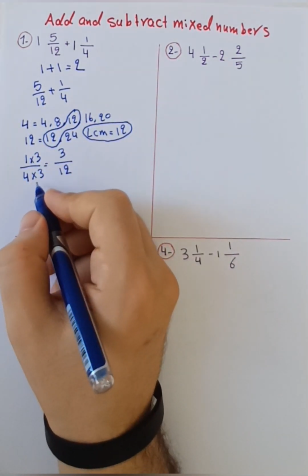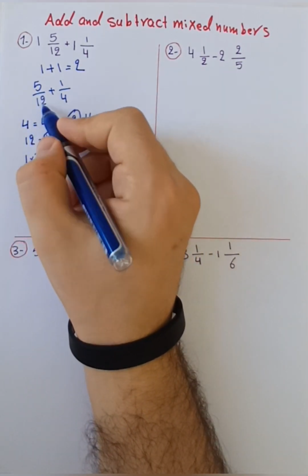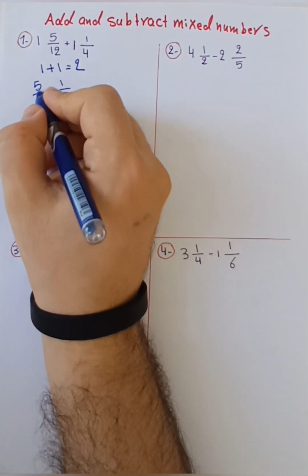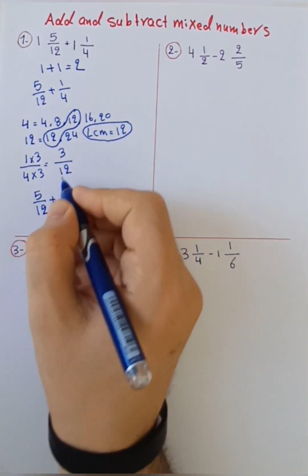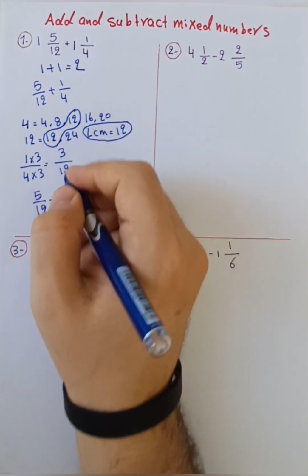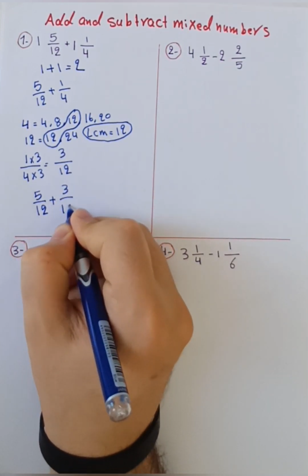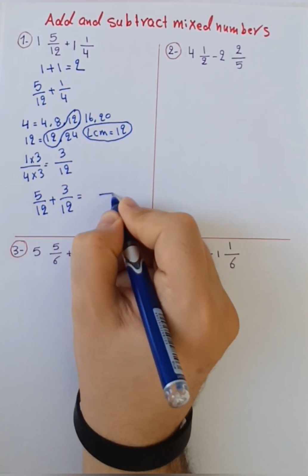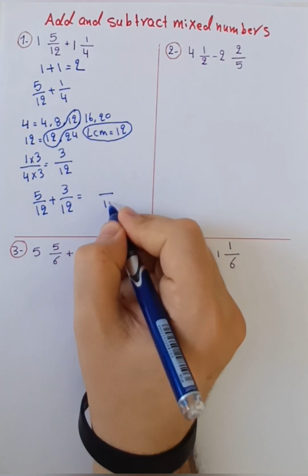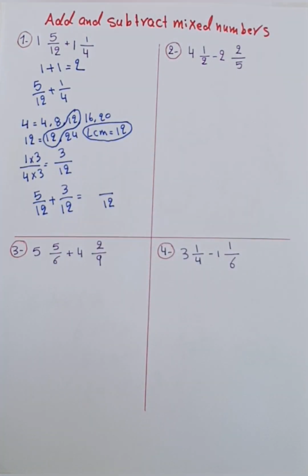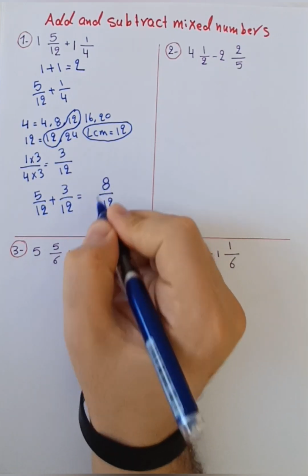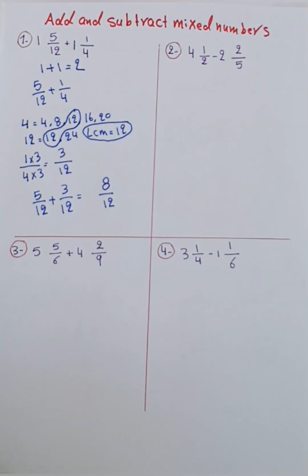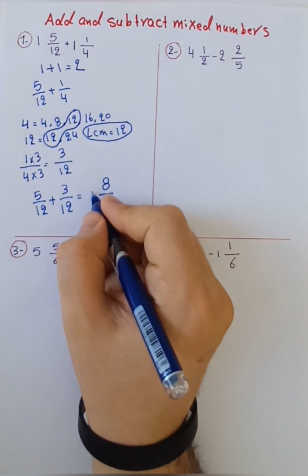After that we have to add with 5 out of 12. So we have 5 out of 12 plus 3 out of 12. We have to write 12 as a denominator, and then 5 plus 3 equal to 8, and then the whole number is 2.